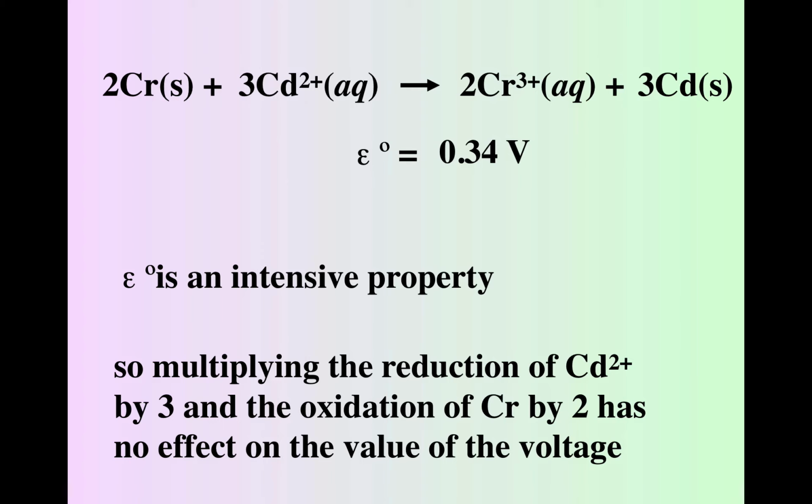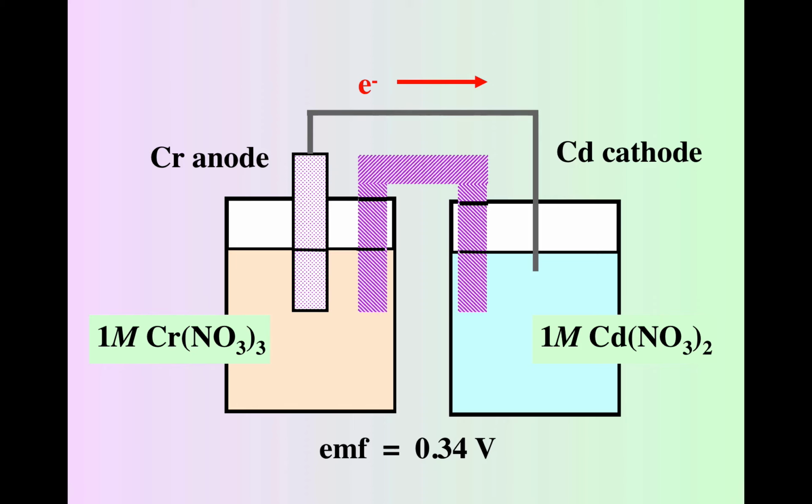Voltage is an intensive property, meaning if I balance this thing where I'm making 3 moles of cadmium metal and 2 moles of chromium 3 plus, it doesn't affect the voltage. So the coefficients don't affect what the voltage is going to be. So the electrons will flow. We'll burn up our chromium anode, and we'll decrease the concentration of cadmium 2 plus over at the cathode.